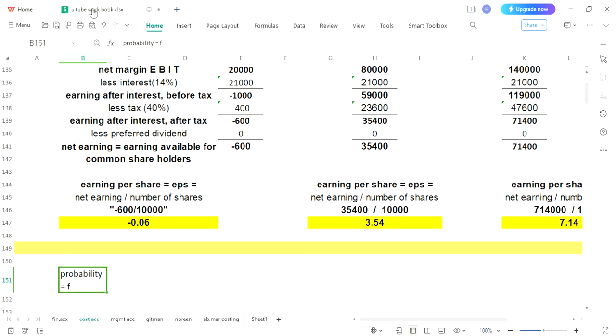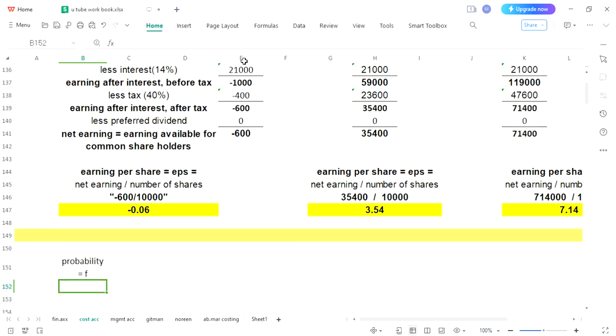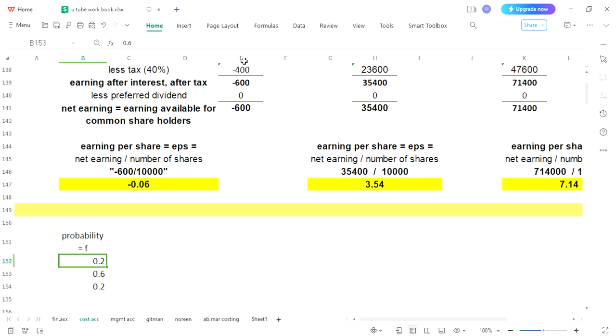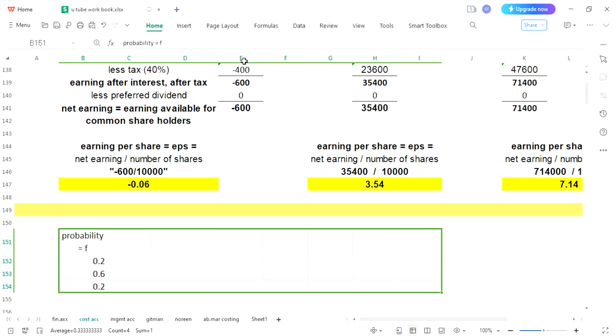Alright guys, after which what we need to write down probabilities, first was 0.2 and then 0.6, it is given in your question, and then again 0.2. So in this way first column is completed.